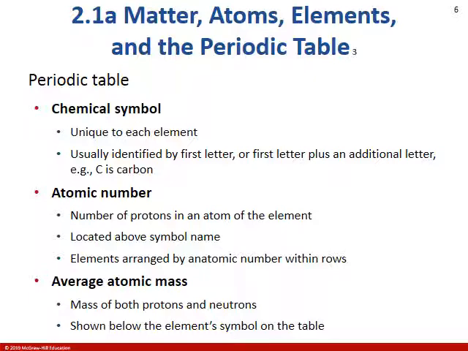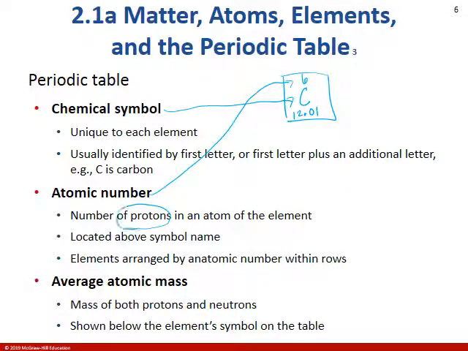When you look on the periodic table, you saw these blocks, and it would have a letter, and then it would have a number at the top, and then a number at the bottom. So the chemical symbol is that letter C. The atomic number is the number at the top, and it is the number of protons.